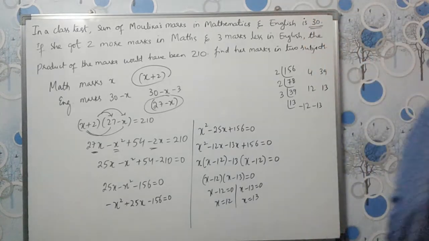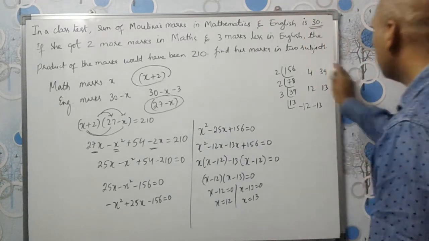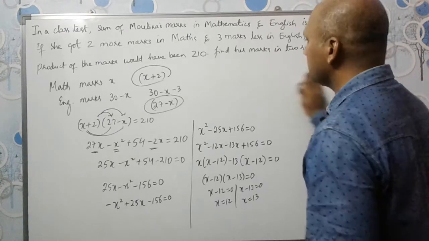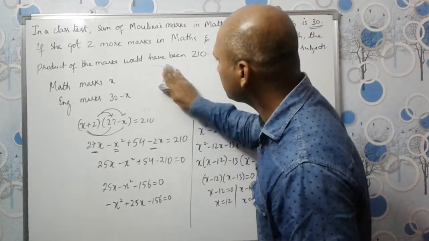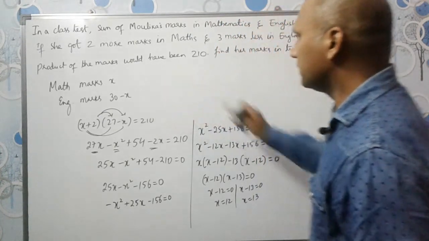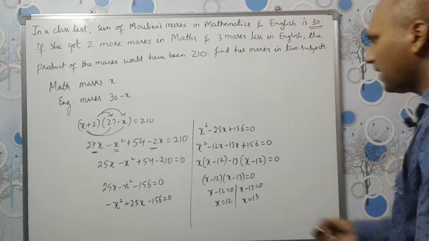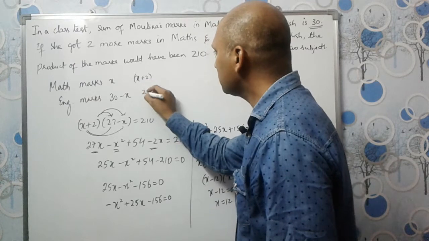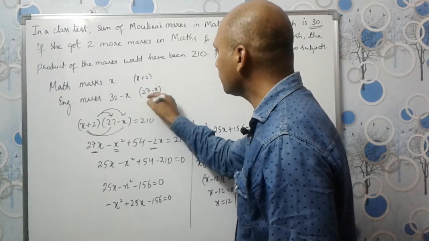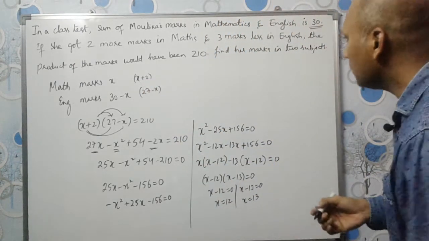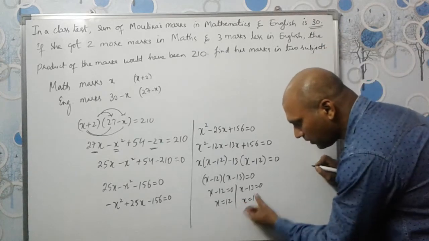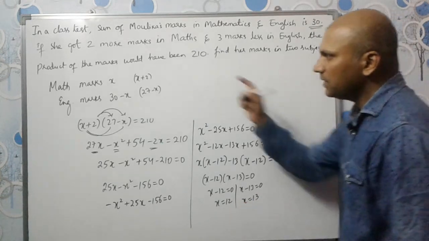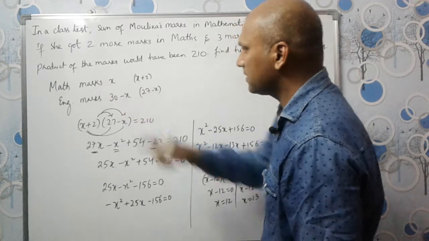Now, 2 marks more in maths, x plus 2, 3 less in English, 27 minus x. Which answer is correct? x is equal to 12 or x is equal to 13? See, x is marks in maths.